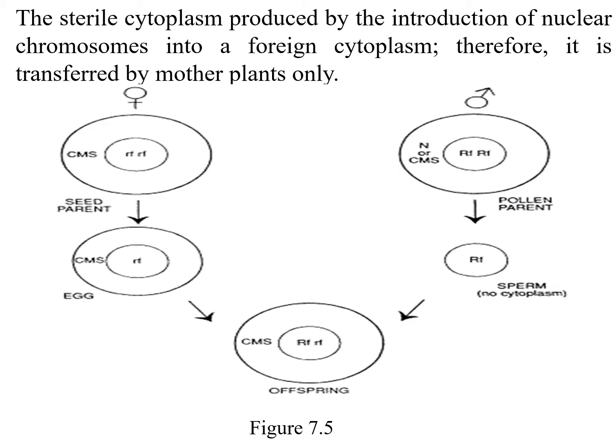Now, if this F1 hybrid is crossed with CMS RF small, then it will produce 50% RF capital, RF small, and 50% RF small. With CMS, it will produce half sterile, half non-sterile plants.